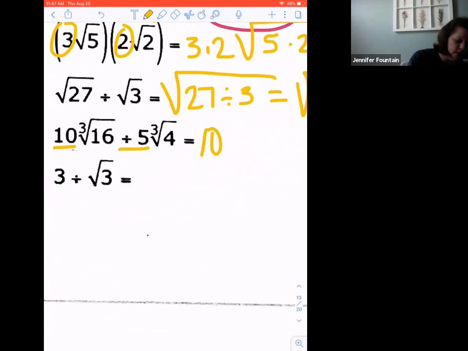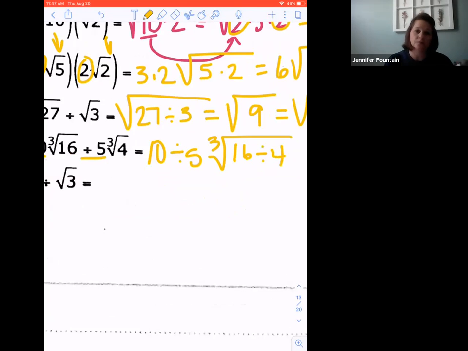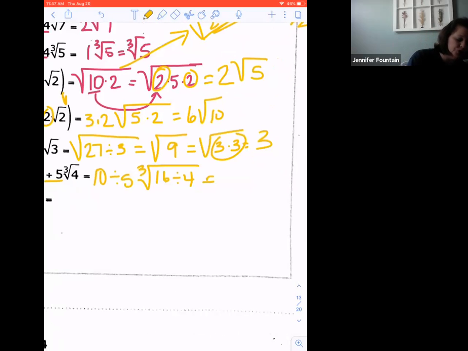But now I'm going to have times the cubed root of, and I'm going to put 16 divided by 4. So I'm taking the first part of each problem and dividing them, and then I'm putting the radicals together to divide them.